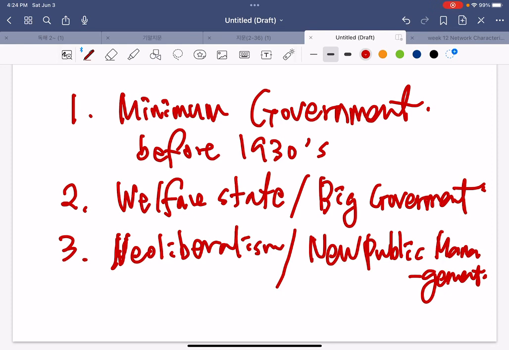Also, to overcome the problem of big government, small government was emphasized. Also, to break the monopolistic production of public services, competition was emphasized by expanding contracting out and outsourcing, right?